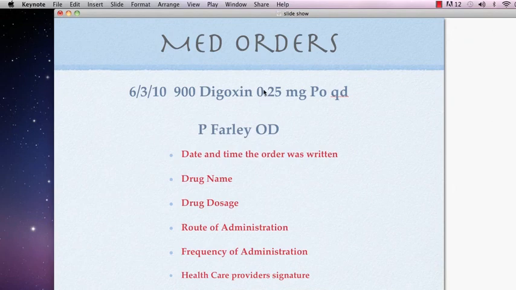You have to have a 0 in front of the decimal point if it is less than 1. The route that it's being given and how often the medication is going to be given, and then you have your physician's signature as we discussed.